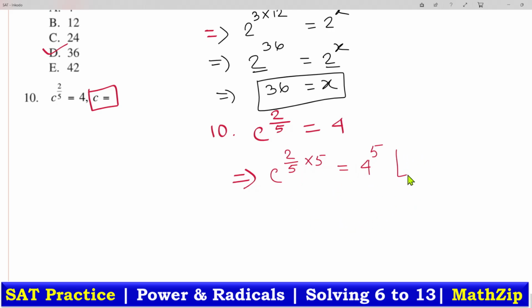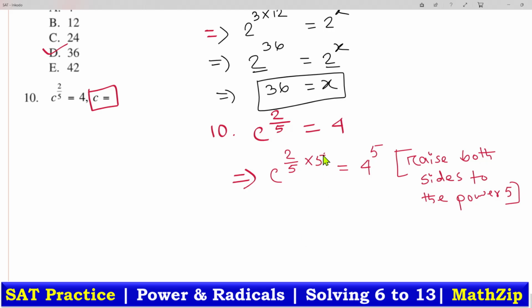So we can write in here, raise both sides to the power 5.